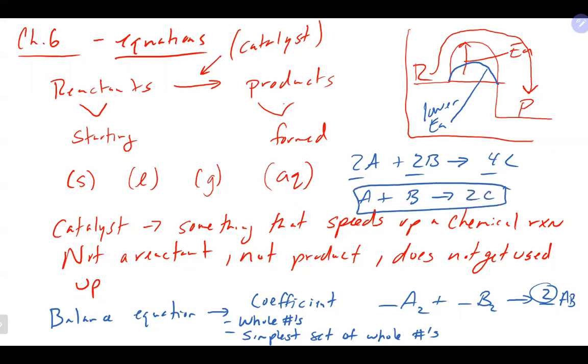The other thing we talked about was a couple of tricks to balancing. You can definitely use a fraction if you need to, but you do need to clear the fraction along the way. You sometimes have to use a fraction when you have a diatomic element by itself on one side and that element in multiple things on the other side. The other thing we talked about in terms of balancing was pretty straightforward.